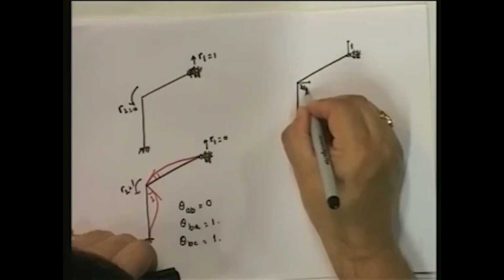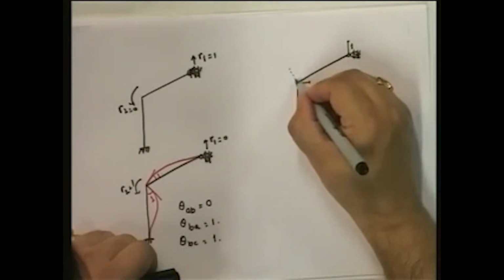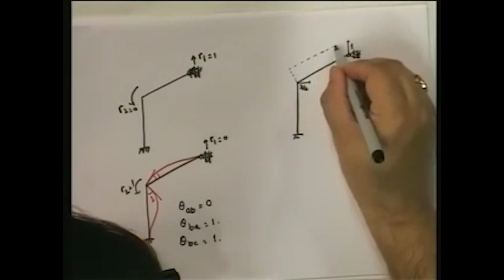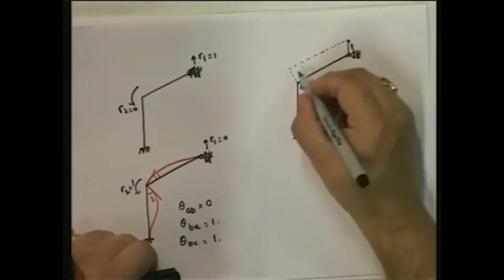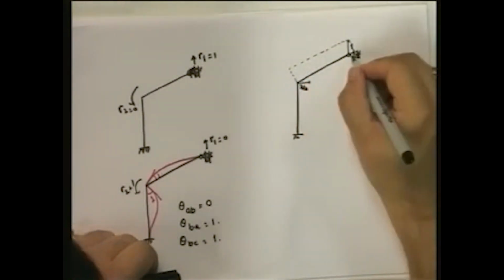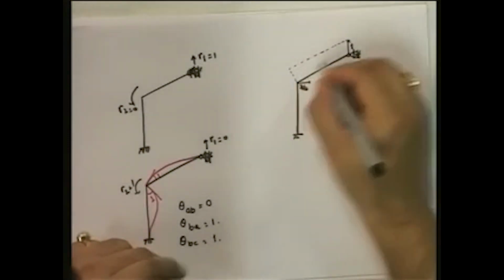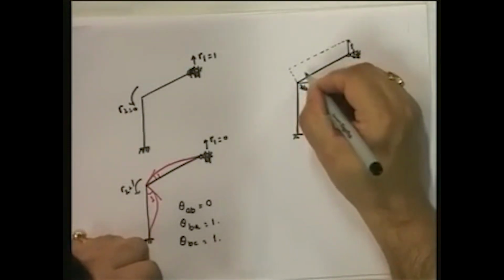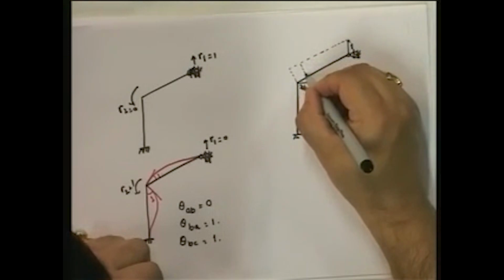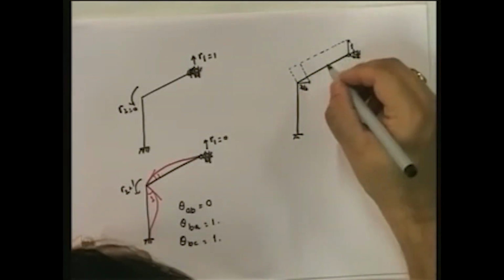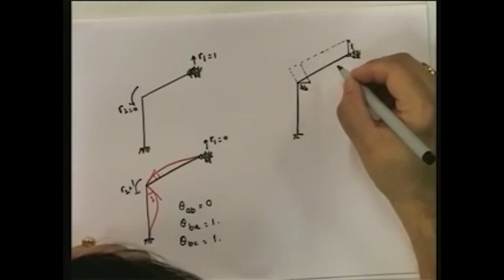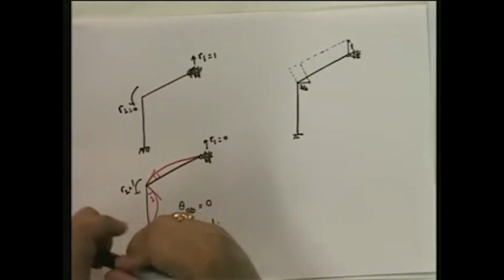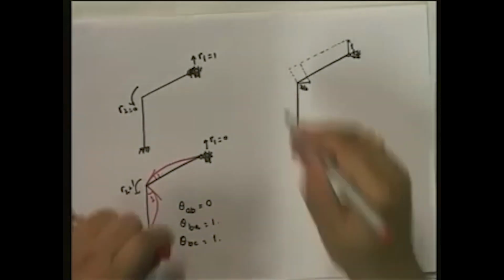So this is 3 by 4, and the displaced shape looks in this way.